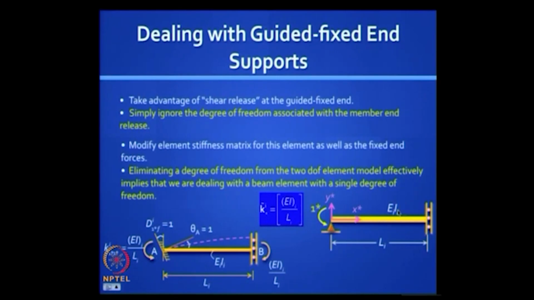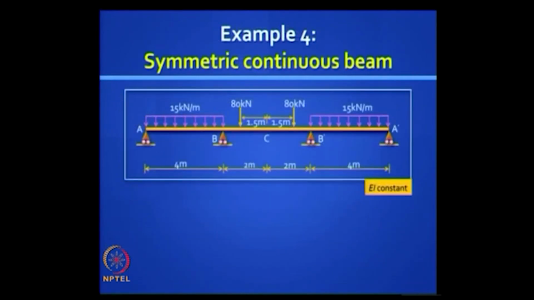Why don't we take a much simpler element, and that simpler element is this simple cantilever fixed at the other end, and you know that the stiffness is the same. There are two ways of getting EI/L. So we will use this in our symbols so that our understanding is simplified.